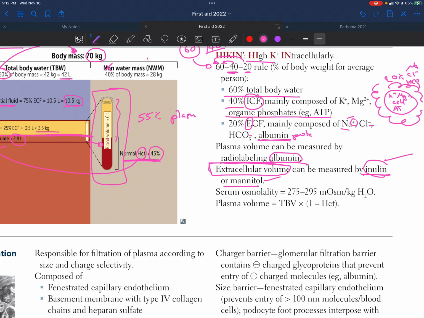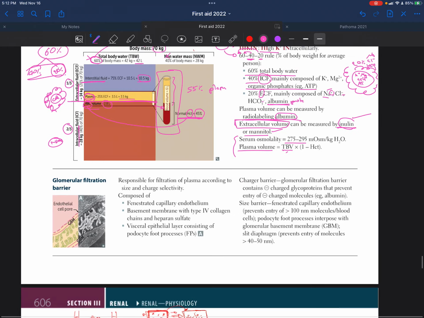Serum osmolality is measured, and normally it would be between 275 and 295. That's normal, while the plasma volume is the total blood volume times 1 minus hematocrit. So these are equations to memorize.